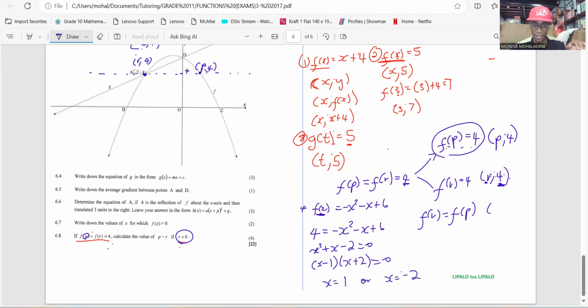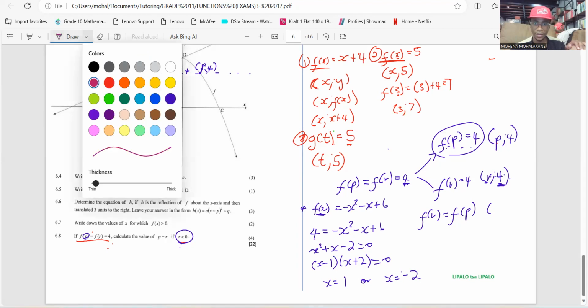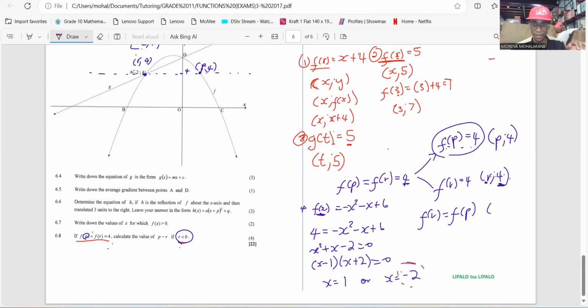This value here is the value of r. The value of r you were given is -2. So therefore, p is going to be equal to +1.